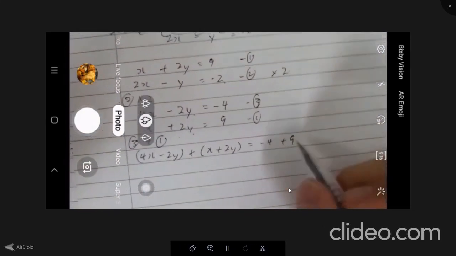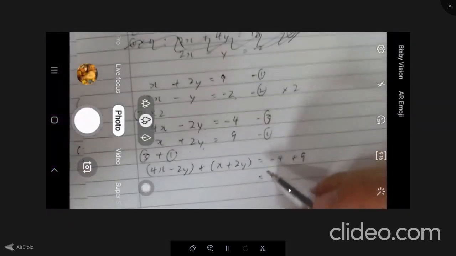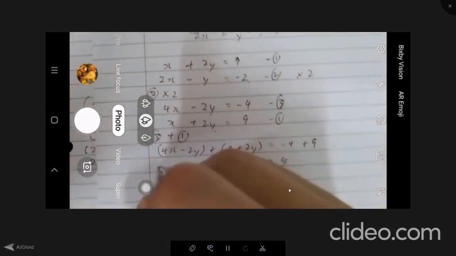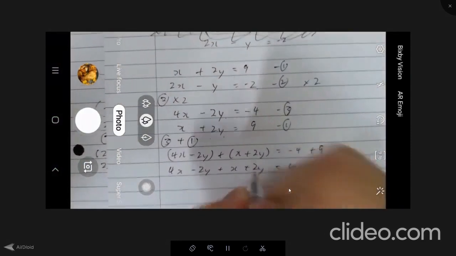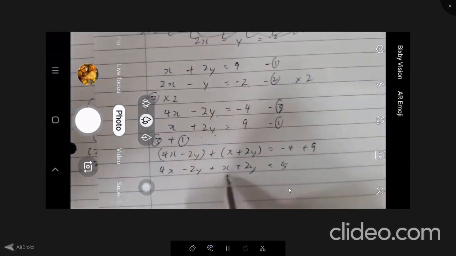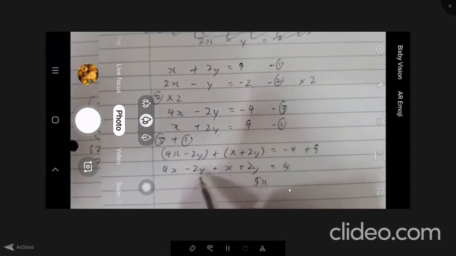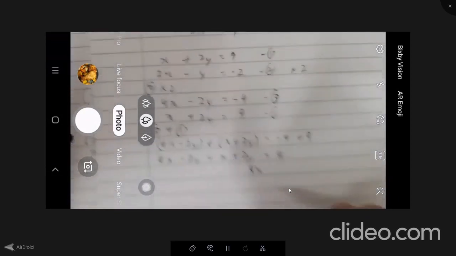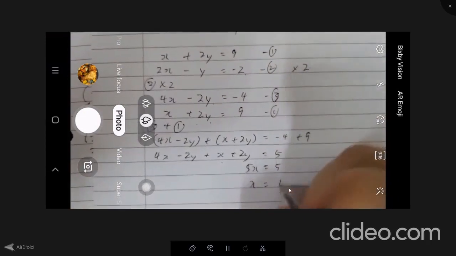We do this side first, we get 5. Here 4x plus x, you get 5x, and negative 2y plus 2y, what do you get? 0. So you get 5x equals 5.